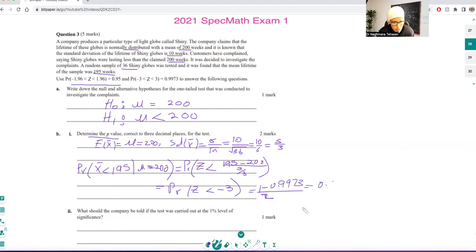So that would be 0.9973, and then we have to divide that by 2.